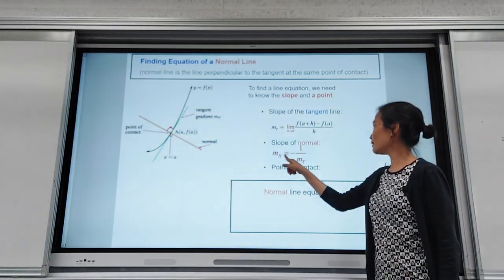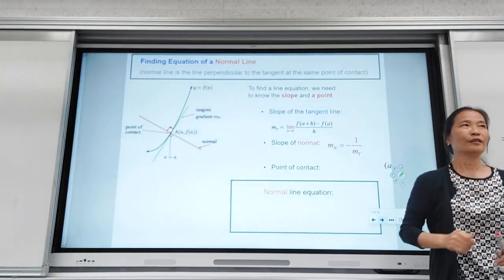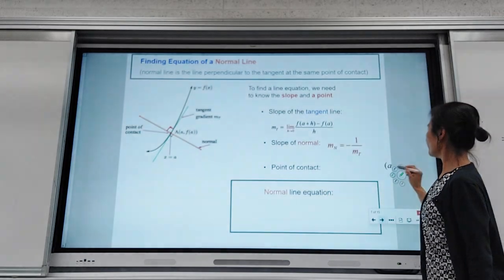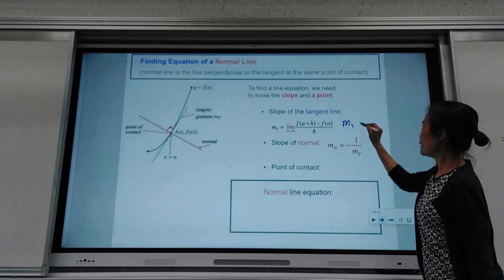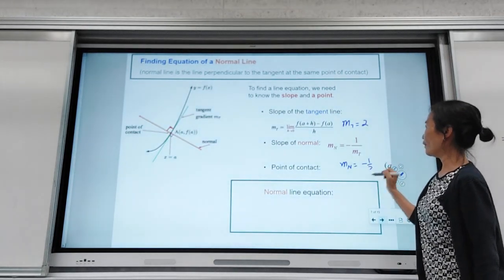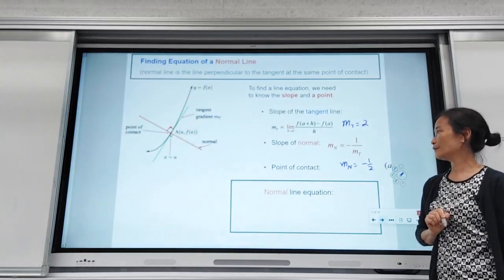Negative reciprocal, because that's the perpendicular line relationship. If the slope of the tangent is 2, then the slope of the normal will be negative 1/2. That's one example.